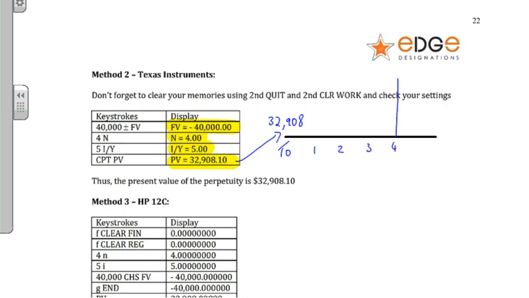In time period 4, that 32,908 will have grown to what, guys? At 5%, it'll have grown to $40,000. Can you now see over here, guys? Hopefully this is clear now. That is present value. That is future value. Okay, it'll grow to $40,000.